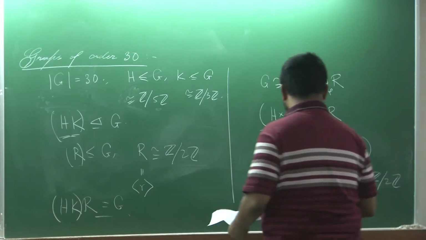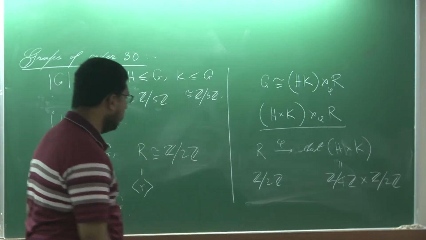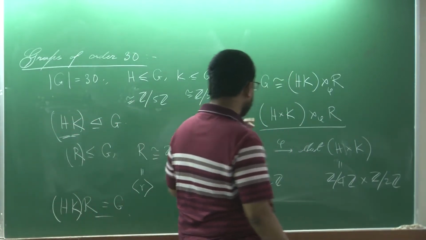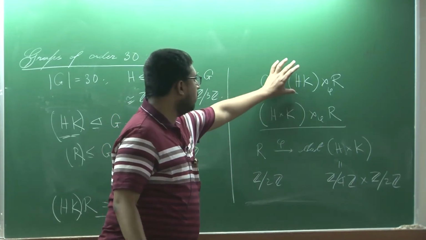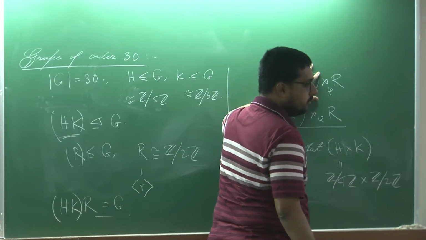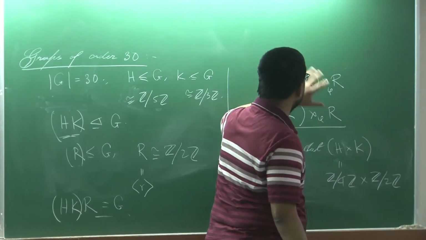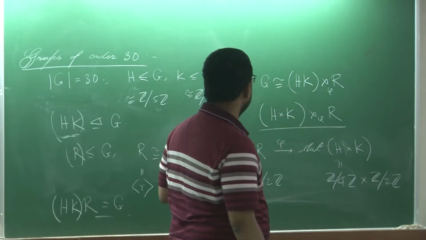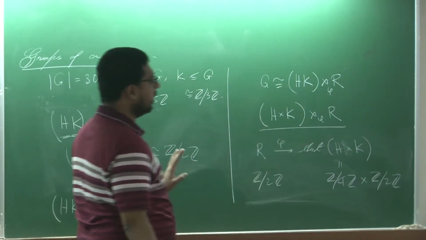Okay. So these are all the possibilities. So for the isomorphism type, for these two subgroups there is a unique group structure after isomorphism, and here it is also a unique group structure.